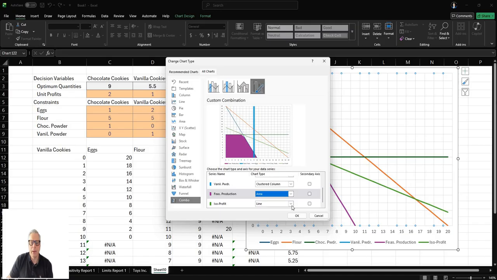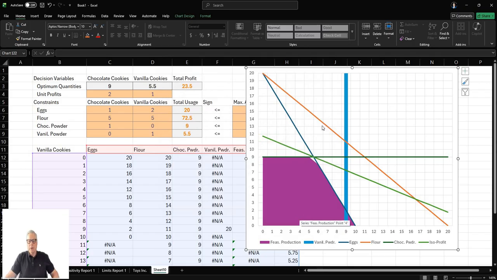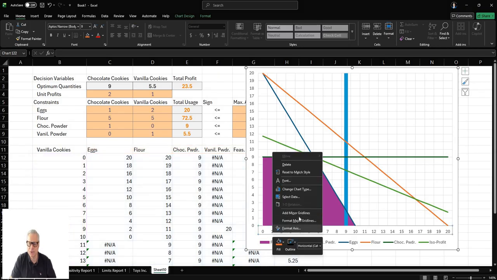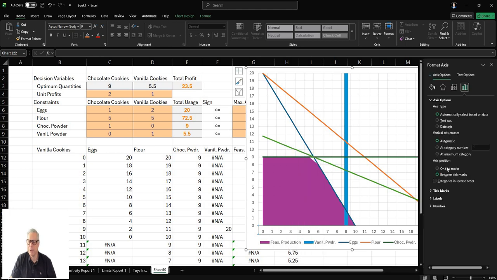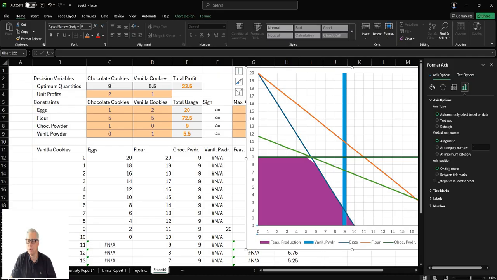Okay, and the ISO profit is a line. And you can see again that the values are displayed between the categories, which are actually the x-axis numbers. So we can change that by format axis, go to on tick marks.